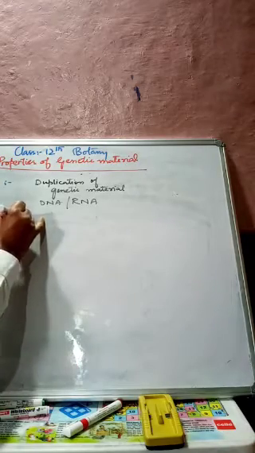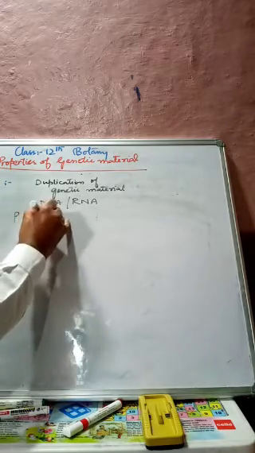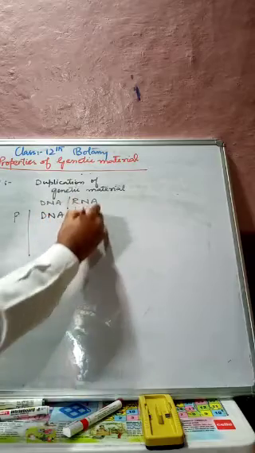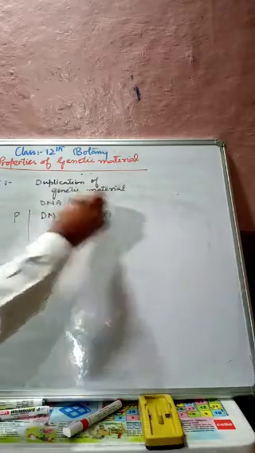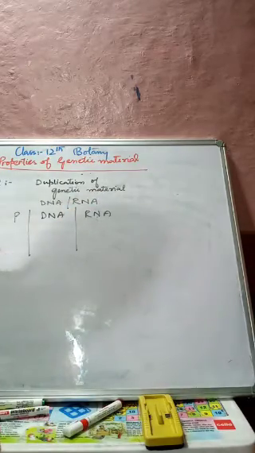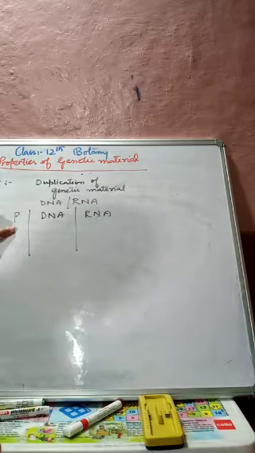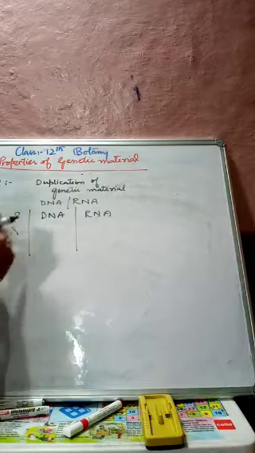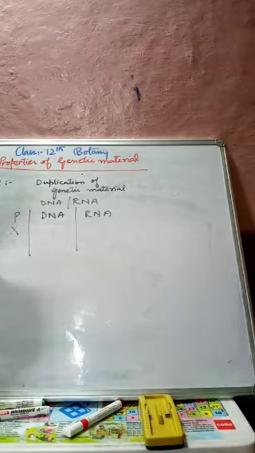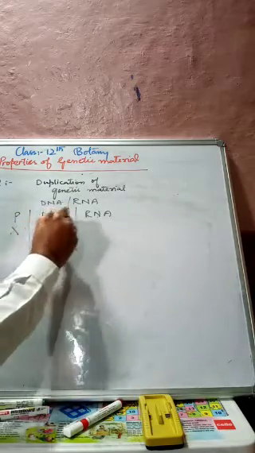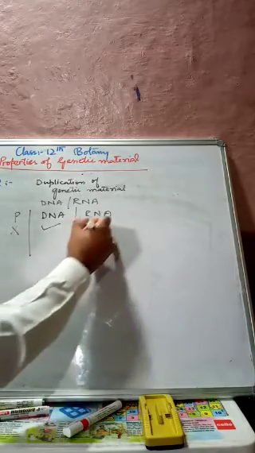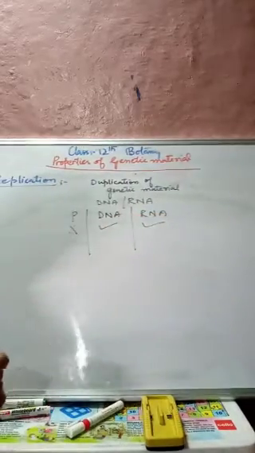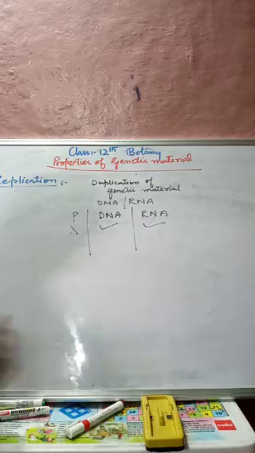If we take three things, DNA, RNA and protein, proteins are also present in living organisms, but they do not exhibit this property. They do not undergo replication. DNA undergoes the process of replication. RNA undergoes the process of replication.